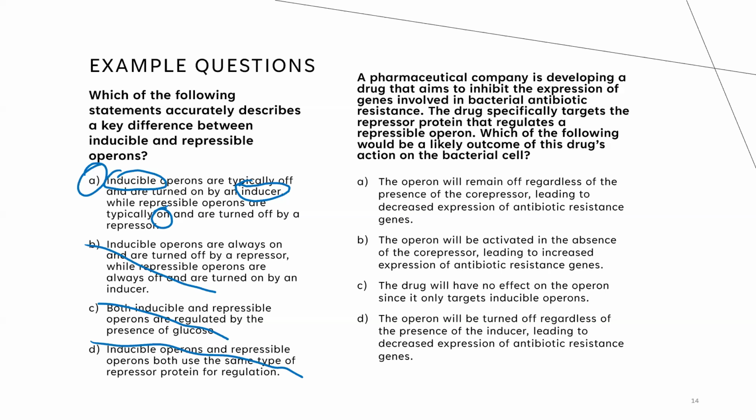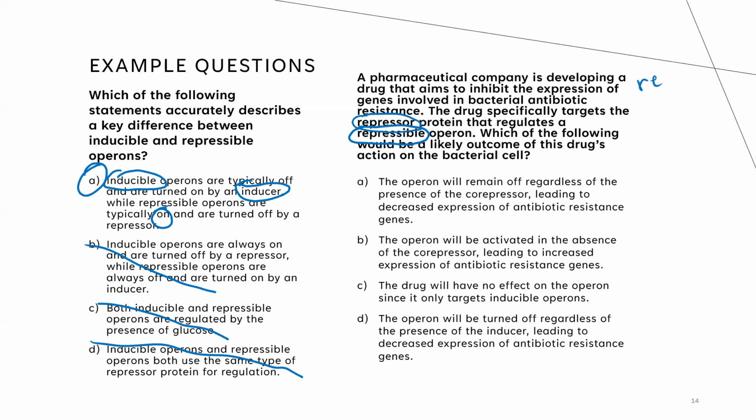All right, a pharmaceutical company is developing a drug that aims to inhibit the expression of genes involved in bacterial antibiotic resistance. Okay, so the drug specifically targets the repressor protein. So it's a repressor protein that regulates a repressible operon. If we go back to that, we should actually read the words before we start speaking. It's just me having that problem.